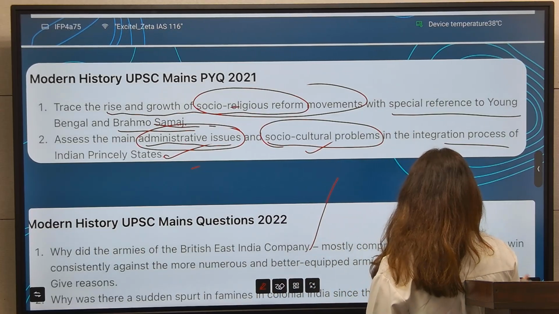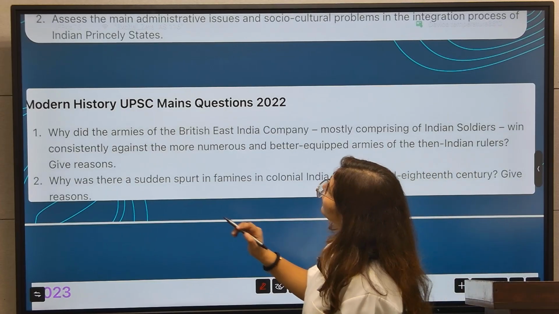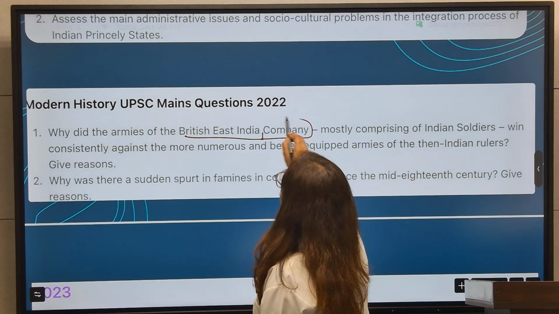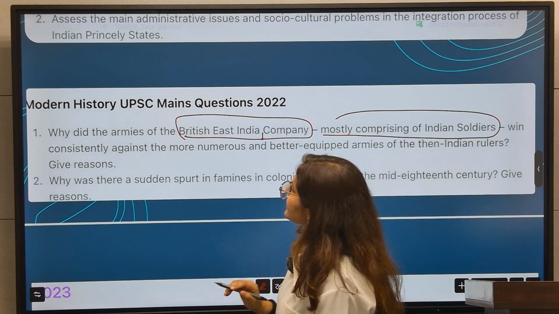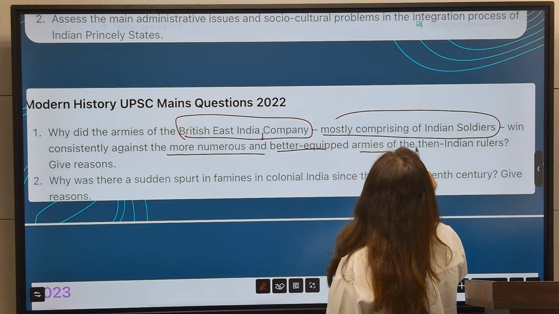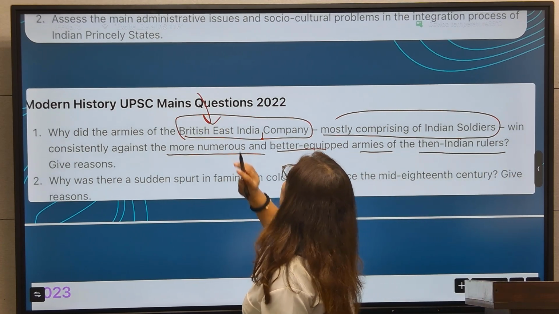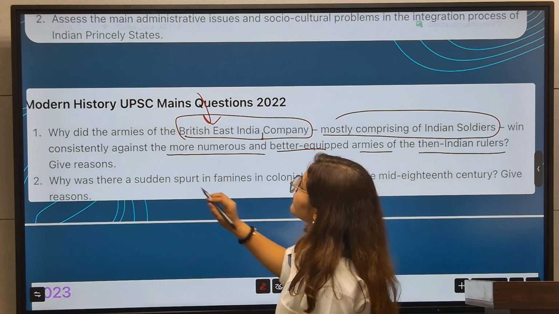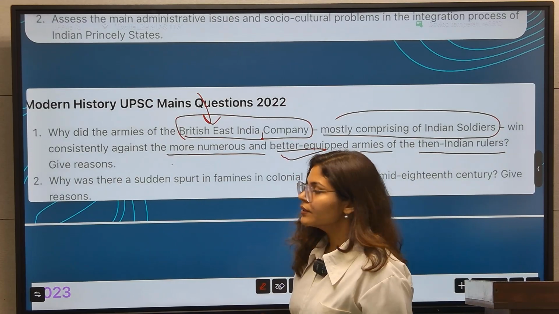In 2022, why did the armies of the Bengal East India Company, mostly comprising Indian soldiers, win consistently against the more numerous and better equipped armies of the then Indian rulers?